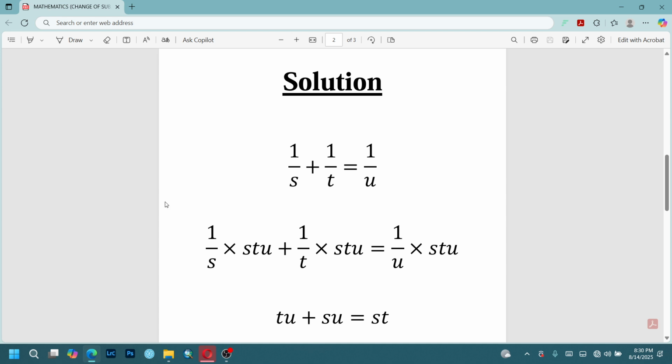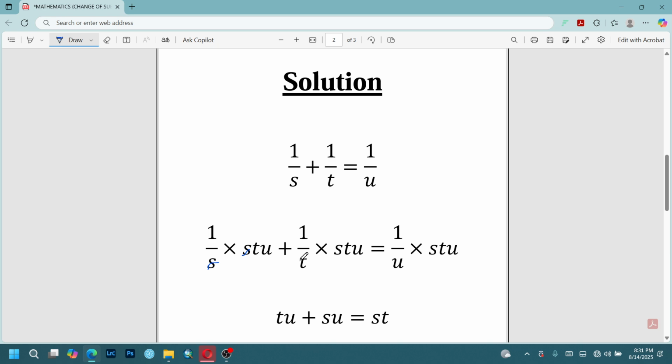So we do some cancellation. This s would go into itself once, and into the s within the STU once, leaving TU.